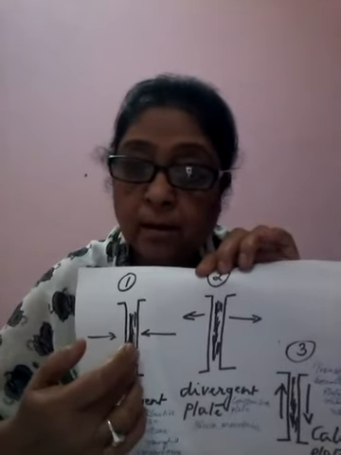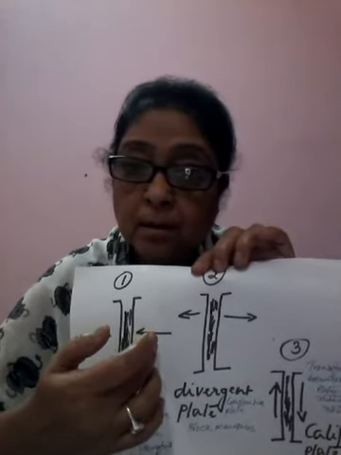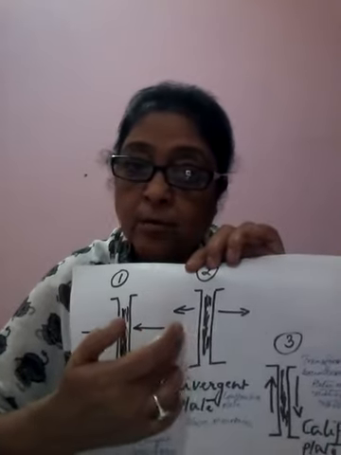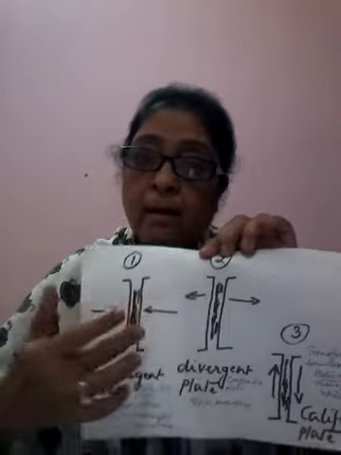The first one is moving towards each other, and this is towards the opposite direction, and this is called the divergent plate. Guys, you note down the spelling: divergent, D-I-V-E-R-G-E-N-T, divergent plate.